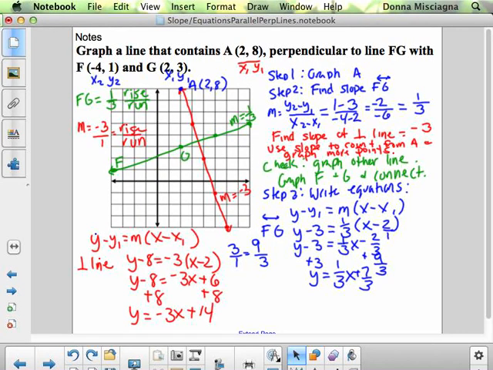But if we do not land on the y-axis at an integer value, either because the y-intercept is a fraction, or the y-intercept is not on our graph, it's too big or too small, then we'll use point slope. All right?